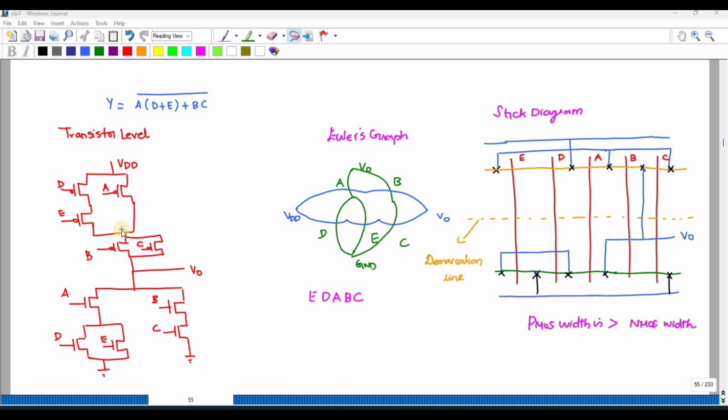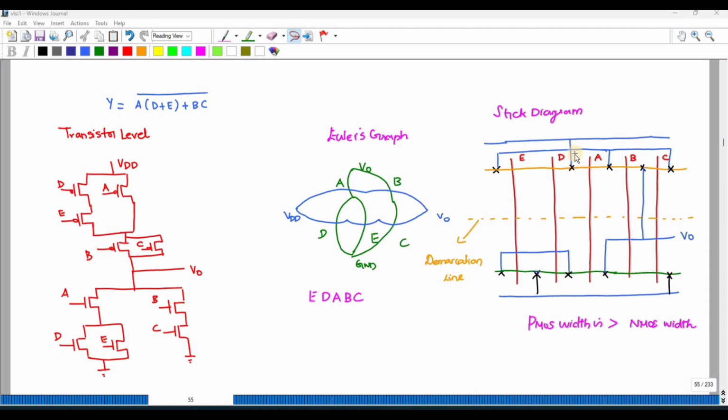If this is source, the source is connected to E and C. So this is your drain. So this drain is connected to D, right? So this drain is connected to D. Okay, so the source of the D is connected to D and A. So I have connected between D and A, I have connected the supply.